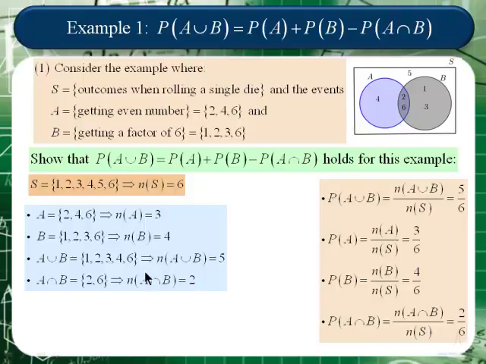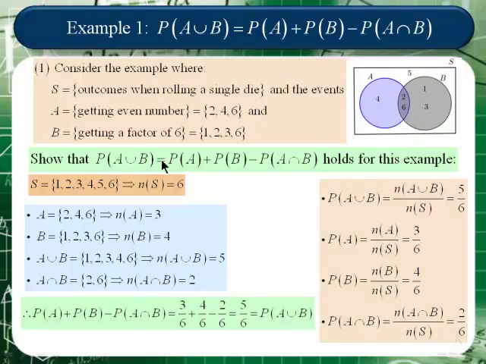So if we start off with the right hand side and look at the sum of these three probabilities, the probability of A is 3 over 6, plus the probability of B, which is 4 over 6, minus the probability of A intersection B, that is 2 over 6, so that's 7 minus 2, so that's 5 over 6.